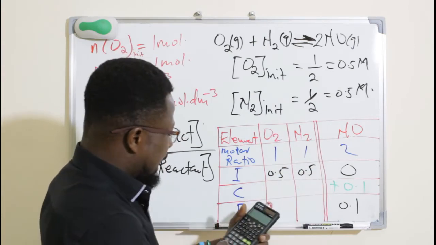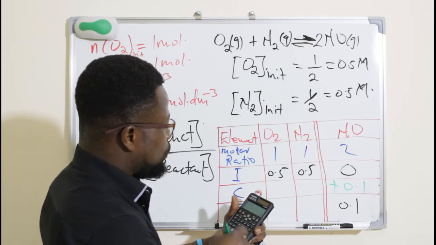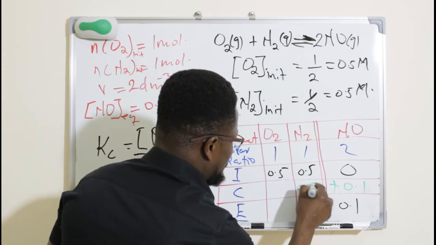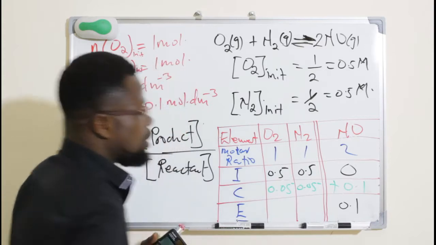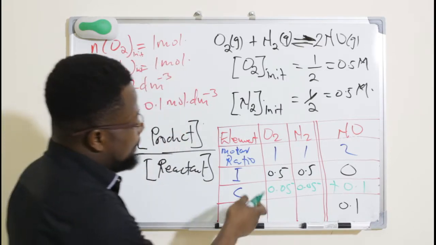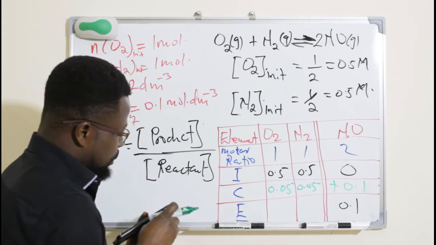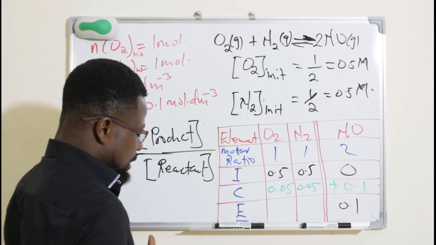We will just say it is 0.1 divided by 2, and that should give you 0.05. So here is 0.05, and this is also 0.05. Remember, it is negative for reactants, because we said we use up reactant.